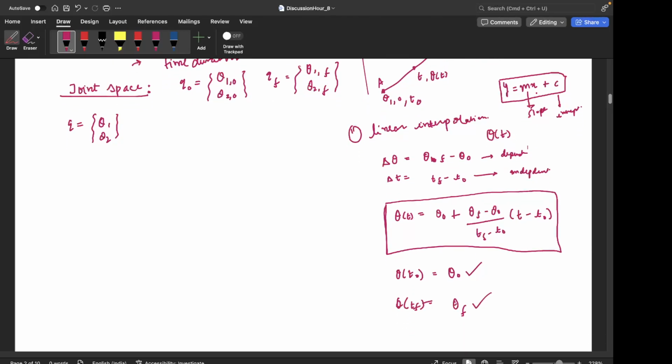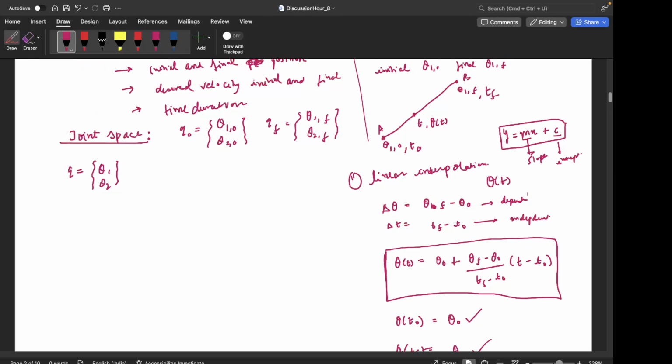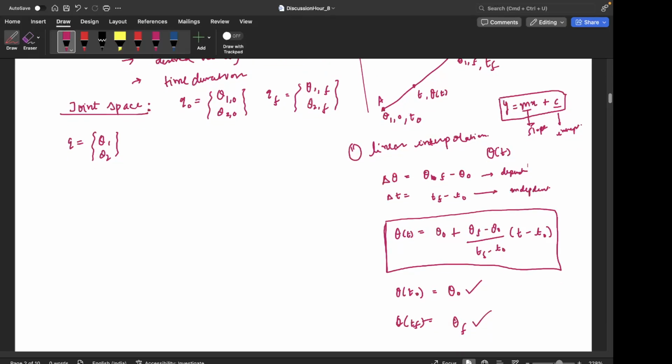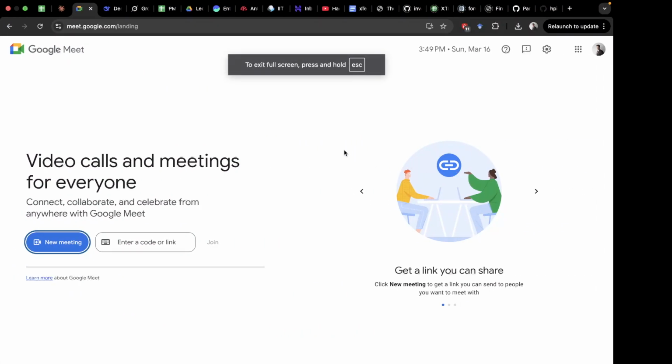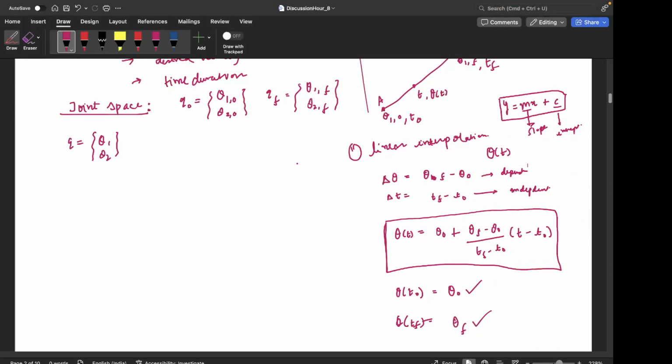Now if m and c are unknown for this line that joins theta 0 and theta f, we have two unknowns, and to find them we must have two equations.